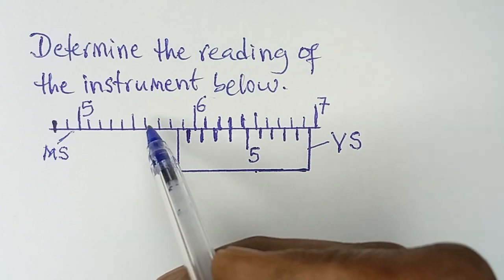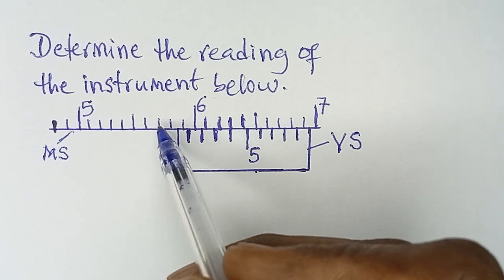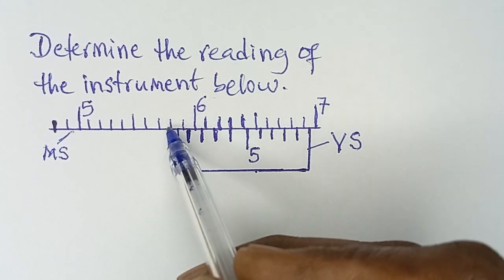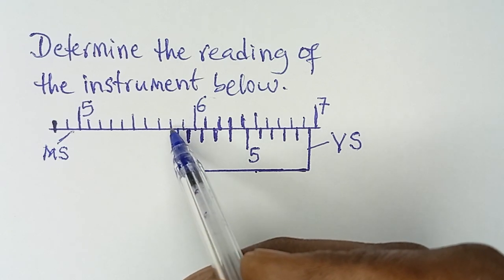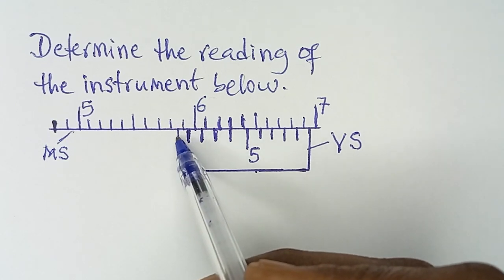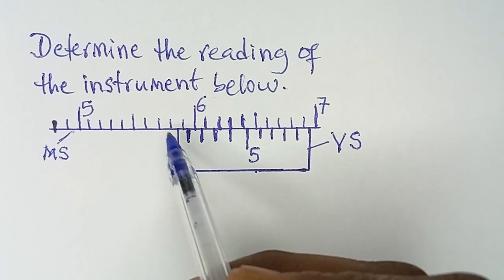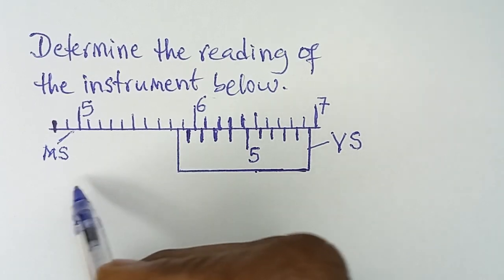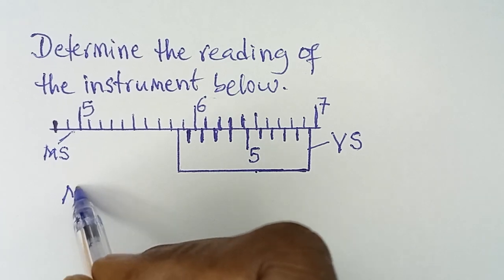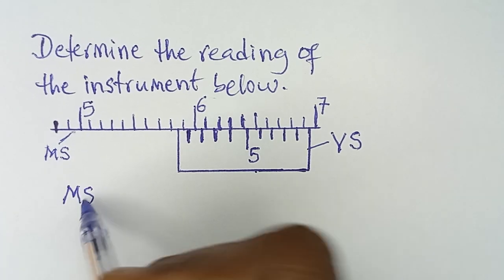And then after 5.5, we go to 5.6, 5.7, and then 5.8. 5.8 is the reading that we have just before the beginning of this line. So I'll stop at this 5.8. So that gives me my main scale reading.